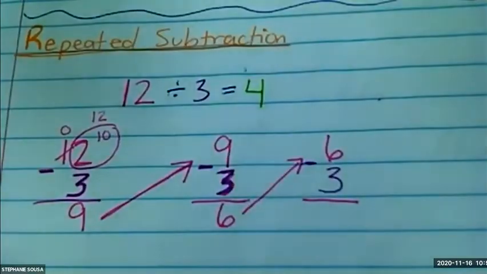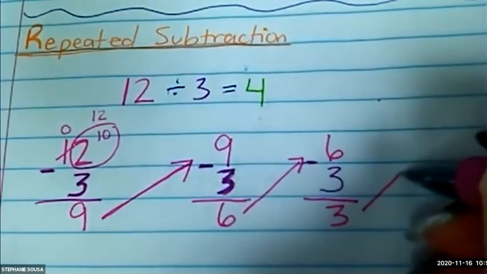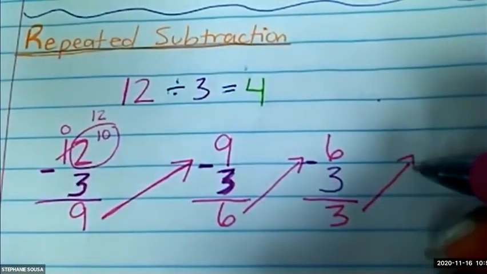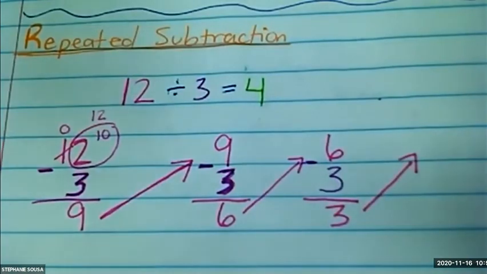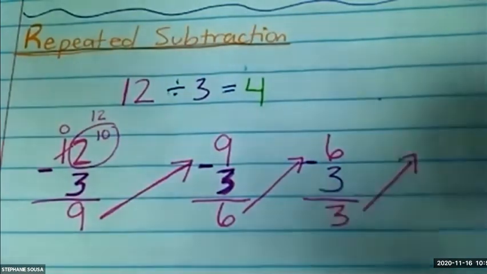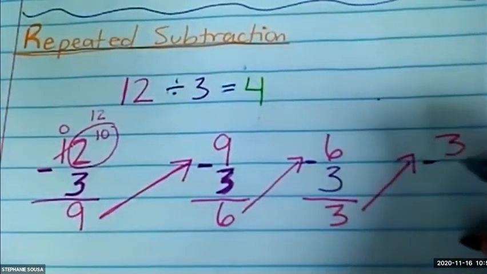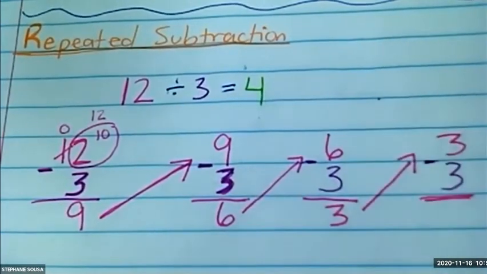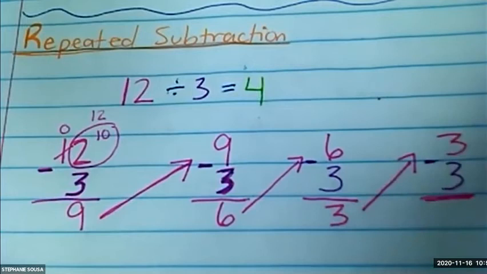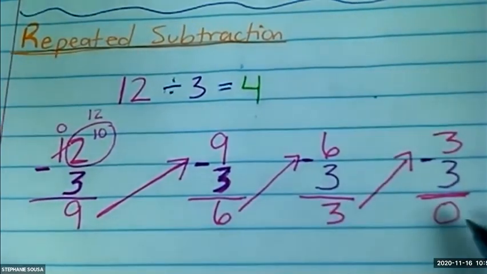So 6 minus 3 is equal to 3. I'm not at 0, so I've got space to do another subtraction sentence. This is going to be 3, and again we are subtracting 3. 3 subtract 3 is equal to 0. So now I don't have anything to carry up because I'm at 0.